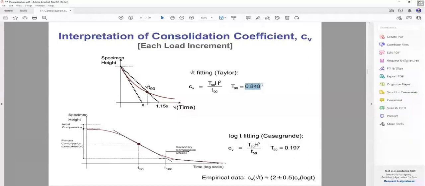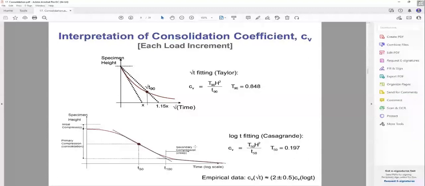Now, the other method is the Casagrande method for fitting the coefficient of consolidation. In the Casagrande method, you plot log time versus the height of the specimen. It's going to look something like that. At the tail end, the consolidation is ceasing, so you draw a tangent to that line and a tangent to that line, and it gives you a point t100 where primary consolidation has ceased.